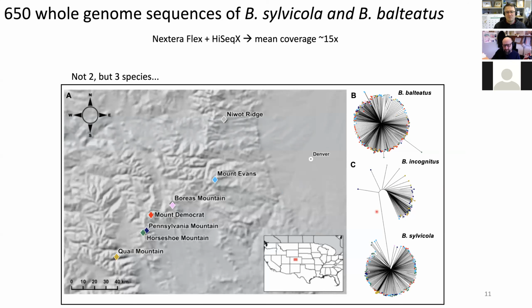These 2 clusters are found in all of the locations where we collected these bees. So within each species there's very little geographical clustering, but this additional species, which seems to be indistinguishable morphologically from Bombus silvicola, we call Bombus incognitus. That one is found in the same locations where we also found silvicola.